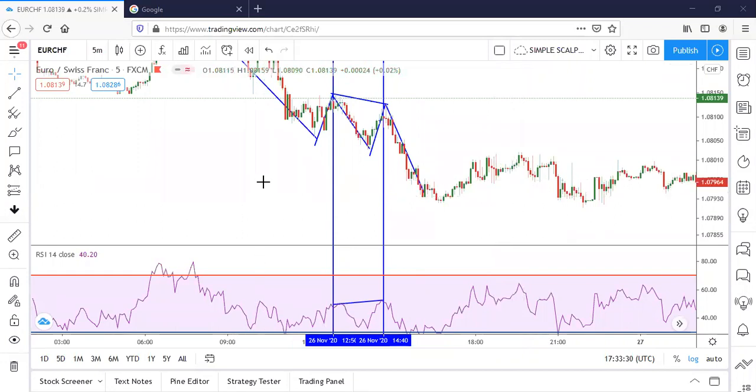You can look for this on any currency pair, any instrument. But you cannot use this for binary, okay? Because it has no meaning using this on binary. I hope this is clear.